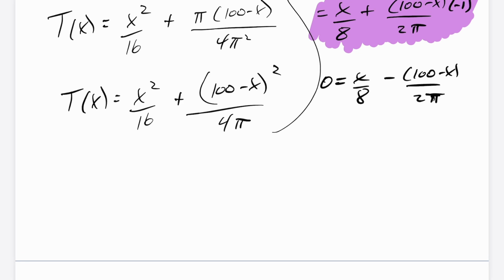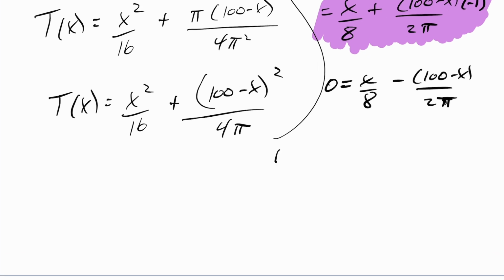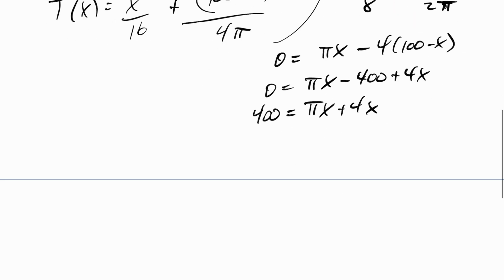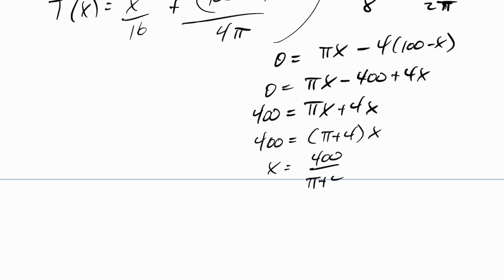So solving for this, I'm going to go ahead and multiply across by 8 pi, giving me 0 equals pi x minus 4 times (100 minus x), in which case I get 0 is pi x minus 400 plus 4x, and I get 400 is pi x plus 4x, and therefore I can factor out the x, and x is 400 over (pi plus 4).